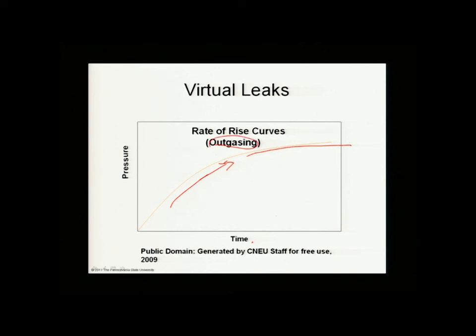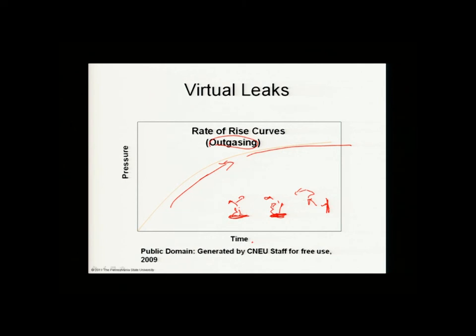Remember, outgassing is a fancy word we're using to say, hey, some of the crud on the walls is volatilizing, producing molecules running around the vacuum. Some of the water vapor on the walls is volatilizing and producing molecules in the vacuum. Some of the materials previously deposited in the chamber are volatilizing and forming molecules running around in the chamber.